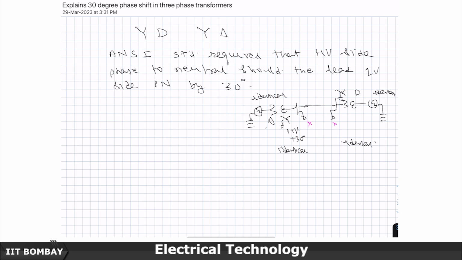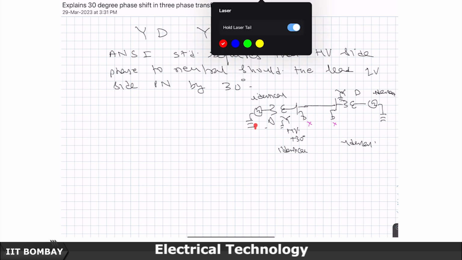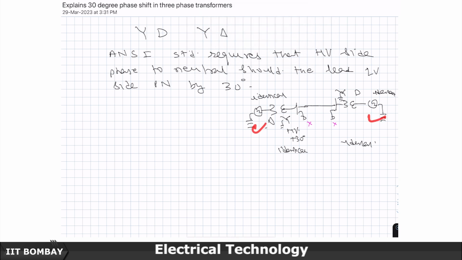So if there is no load and the HV convention is that the HV side line to neutral leads the LV side line to neutral by 30 degrees, then with identical voltages, a 30-degree lead created here and a 30-degree lead created here, these two voltages will be identical. So the difference of the voltage divided by the line impedance will be 0, because the difference of voltage is 0, and so no current will flow.